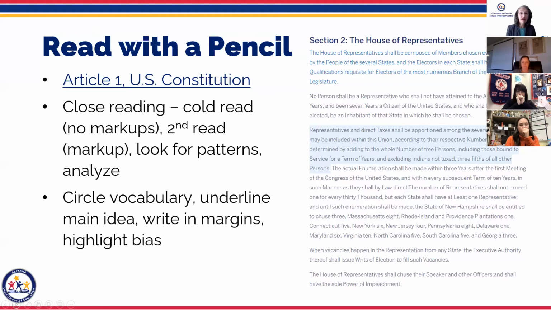This is where they do their analysis, their annotation. Maybe I have them circle vocabulary words, write in the margins, underline main ideas. You can have them highlight bias, maybe bracket something that has to do with the source. The idea is looking for text repetitions, maybe contradictions or similarities, and then what they noticed and why.